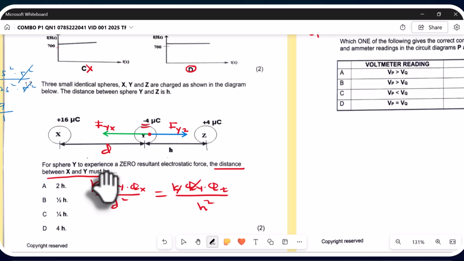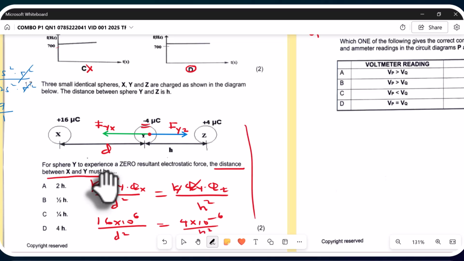If I cross multiply, the power negative 6 terms cancel out. So I have 4d squared equals 16 times h squared, that is 16h squared.